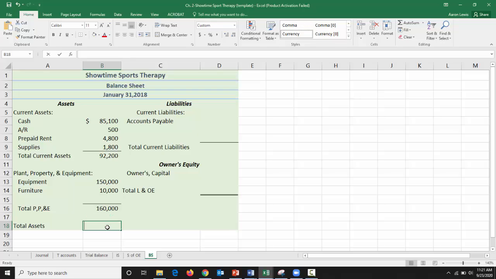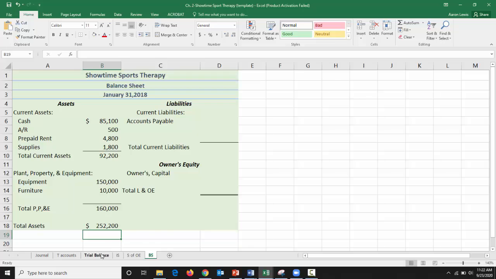And if we add the amount of current assets we have to the amount of plant, property, and equipment we have, in total we have $252,200 worth of assets.